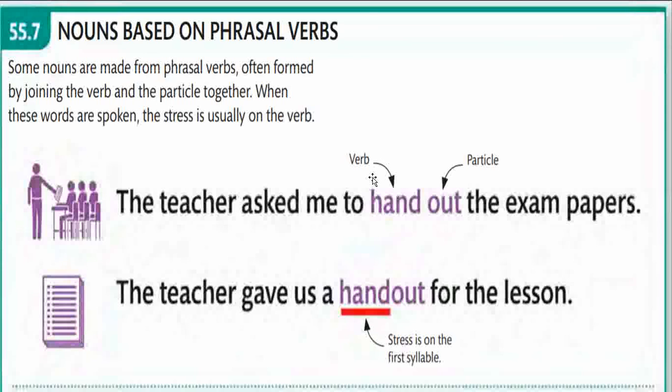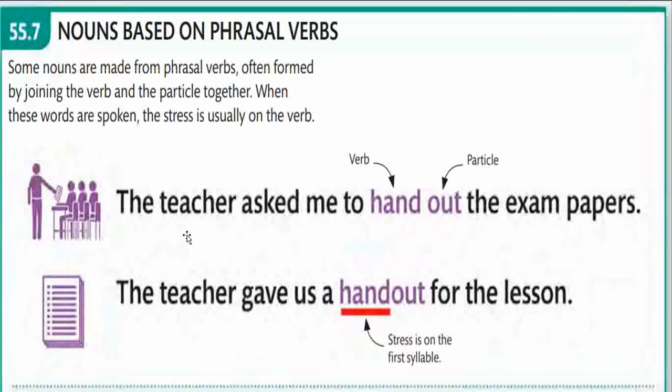The next pointer that we have is nouns based on phrasal verbs. Now, certain phrasal verbs combine in such a way that they give the look of a compound word and they are used as nouns. Some nouns are made from phrasal verbs, often formed by joining the verb and the particle together. When these words are spoken, the stress is usually on the verb.